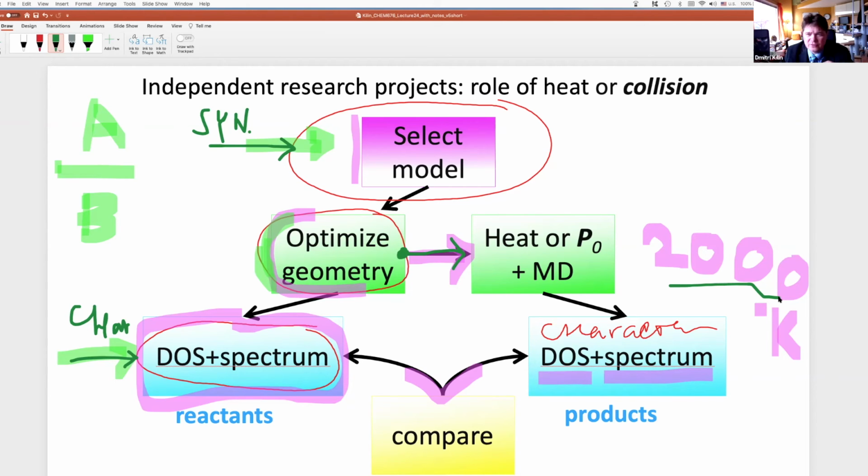override your files. After heating is done, run molecular dynamics at the given temperature, and at the end of the molecular dynamics, take the CONTCAR, convert it into POSCAR, again in a new directory, and do DOS inspector again. Then, in the minimalistic way, you will have two densities of states and two spectra: one before molecular dynamics, another after.